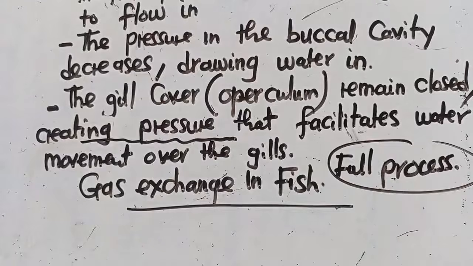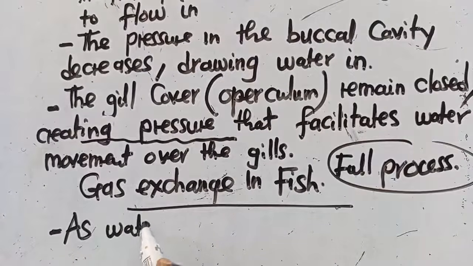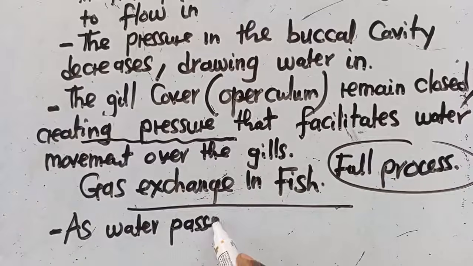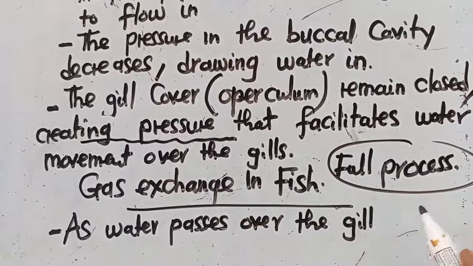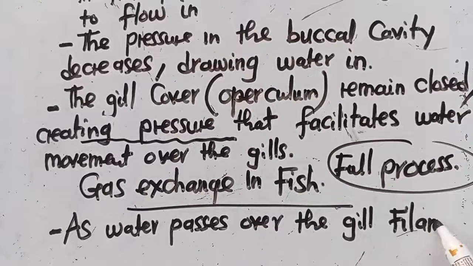Just to make it short and easy for you to understand, the first thing you need to note is that as water passes over the gill filament, the gill filaments facilitate the gaseous exchange between the water and the fish's bloodstream.